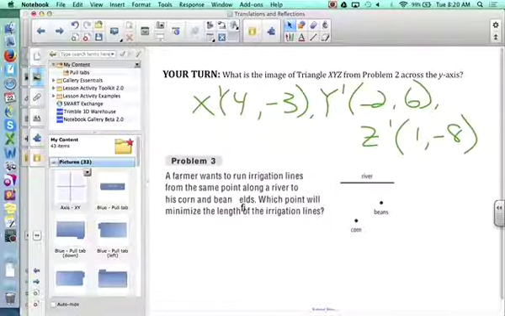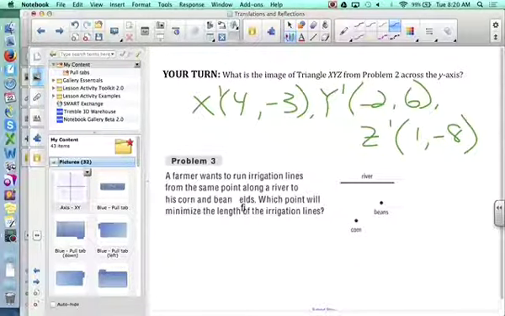What's the shortest distance between 2 points? Shortest distance between 2 points is a straight line. So, if I take these beans and kind of reflect them over the river, what's the straight line from corn to that reflection?